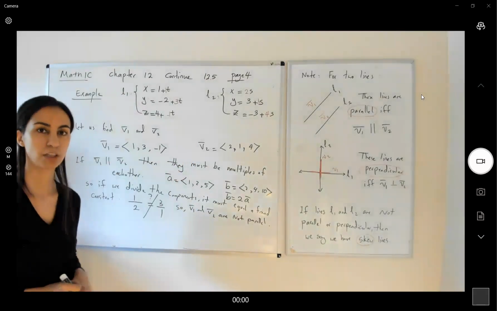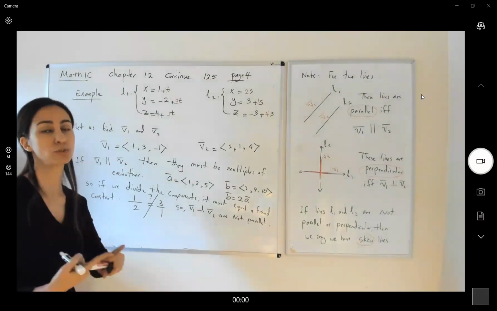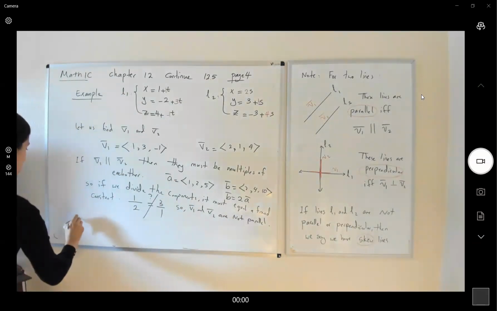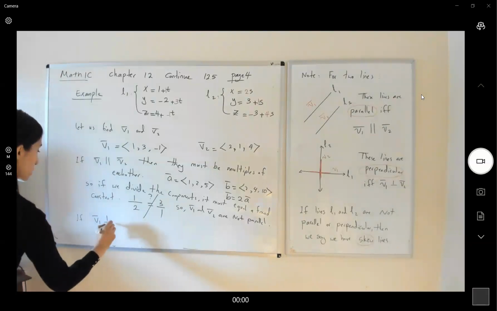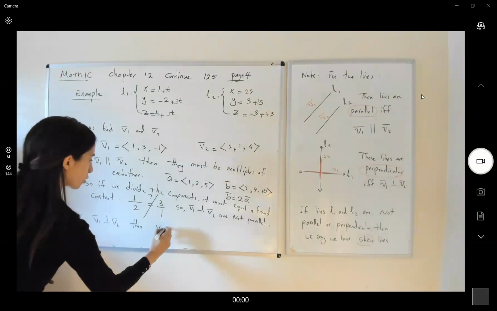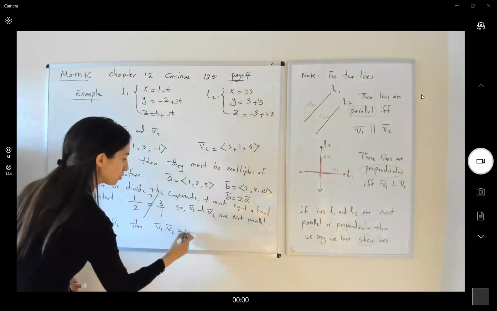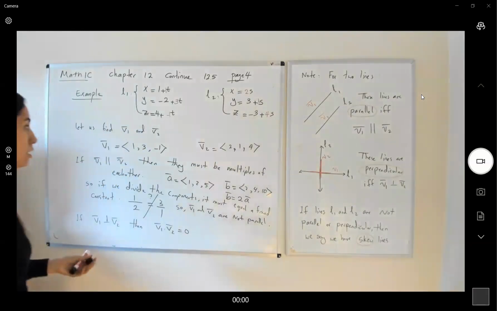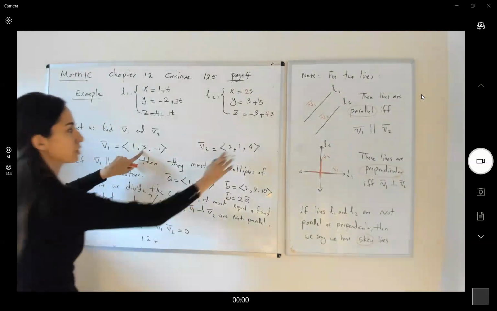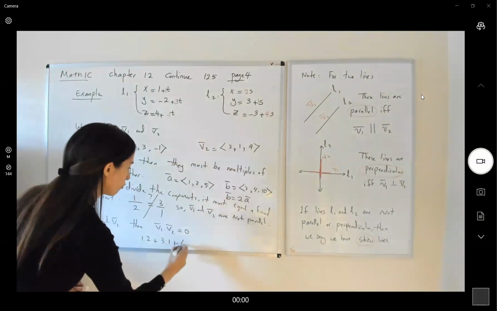Well, perpendicular. If you form the dot product between these two, if they are perpendicular to each other, then the dot product is equal to 0. If V1 is perpendicular to V2, then the dot product or inner product between V1 and V2 must be equal to 0. Is this true? Let's do the dot product. 1 times 2 plus 3 times 1 plus negative 1 times 4.